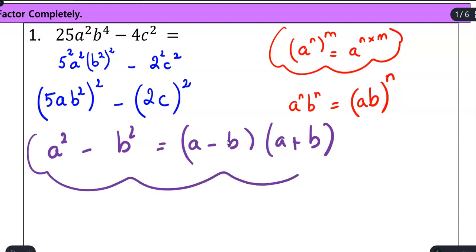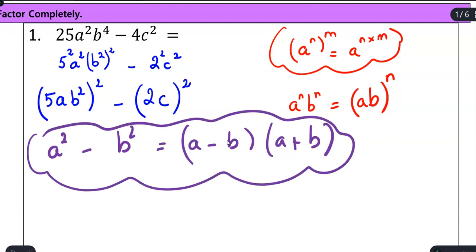There are a few concepts that we need to remember. We need to remember the exponent rules. We also need to remember these formulas.